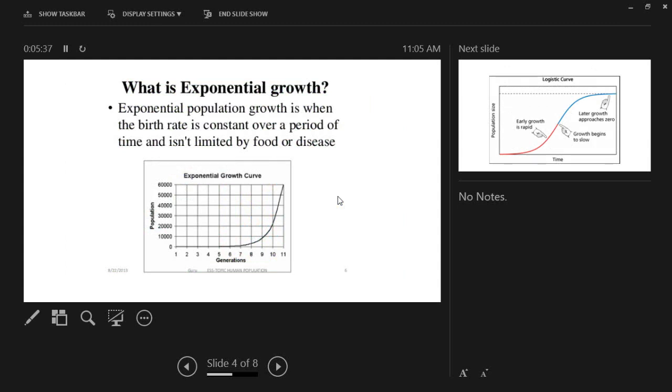Okay, so we can have a size of a population, and that's just basically how many individuals you have, and then we can have a population density. You know what density is? Density is how tightly packed something is. You might want to write some of this stuff next to what we have going on.